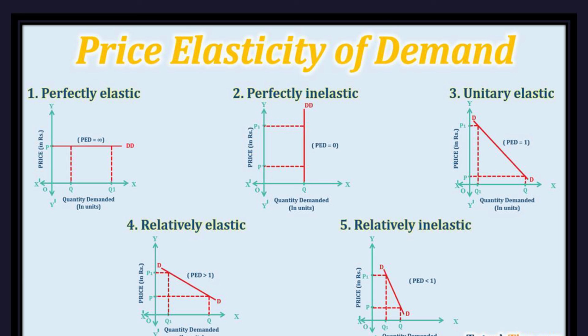That is, any change in price will not bring any change in quantity demanded, so the demand curve here is parallel to the y-axis. Next was unitary elastic, where the change in price is equal to the change in quantity, so ED is 1 here.